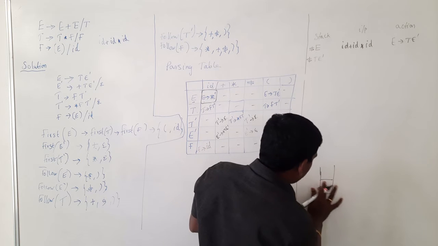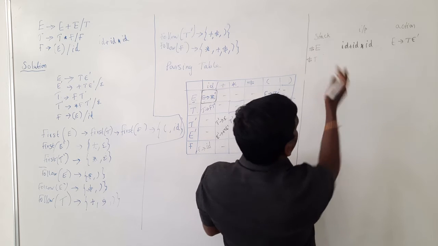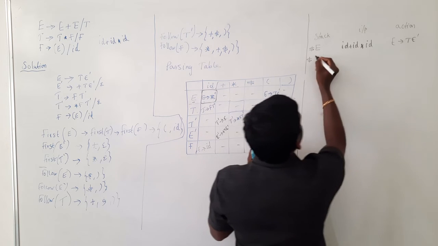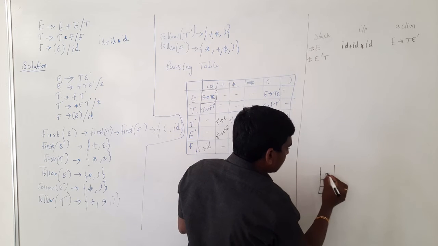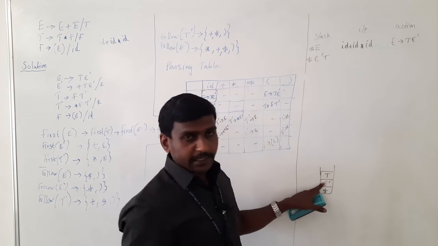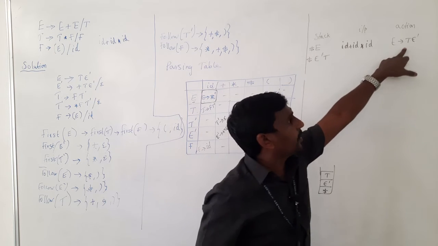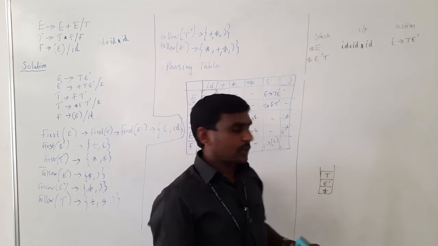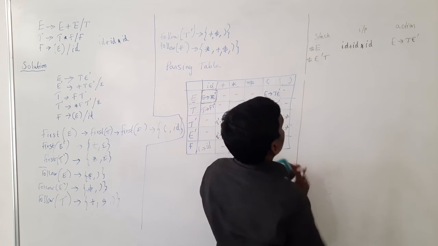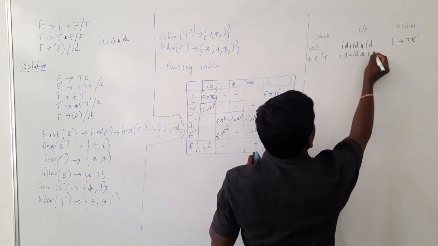So first we write E dash, then T. Now the top of the stack is T. Since it is a stack, we push the production, the terminal or the variable, in reverse order. Now the input is the same, ID plus ID star ID.